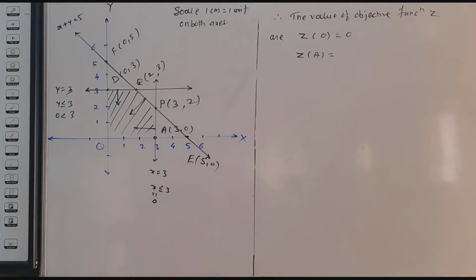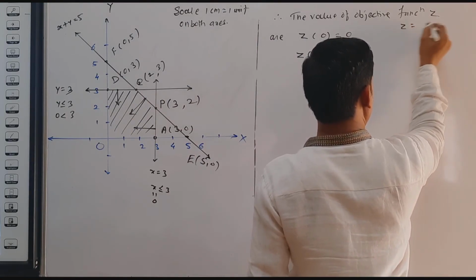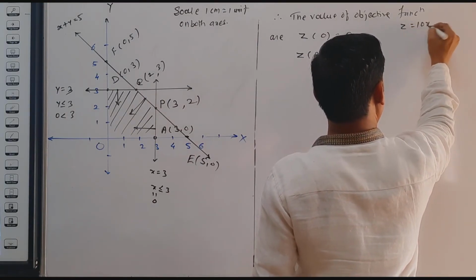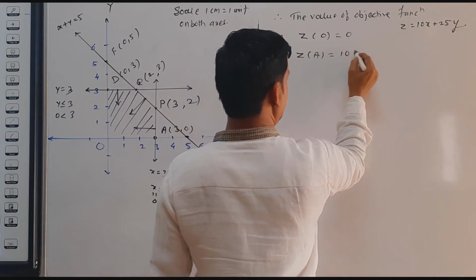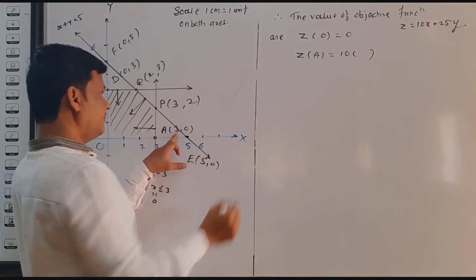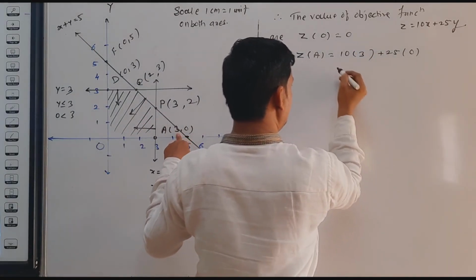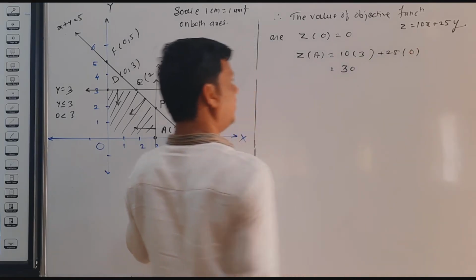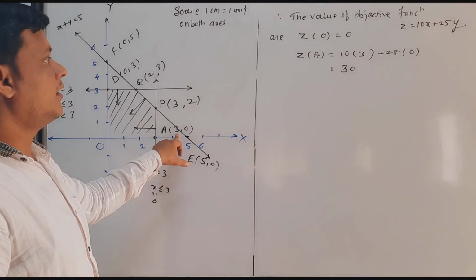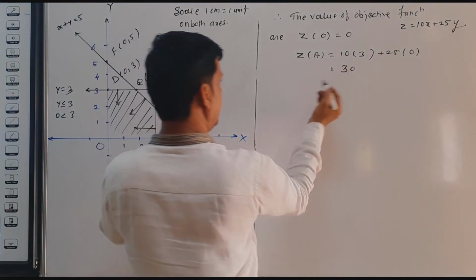The value of Z is 10x plus 25y. Z equals 10x plus 25y. So we replace x by 3 and y by 0. So 10 into 3 we get 30, 25 into 0 we get 0. So 30 plus 0 we get 30. So this is the value of Z of A.